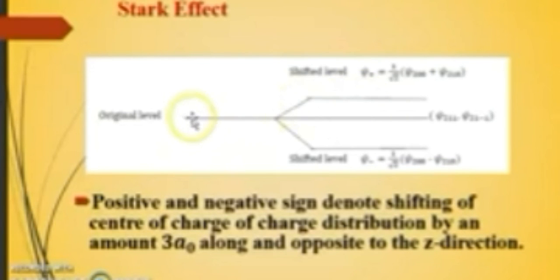Initially we have the 4 states having the same energy, and suppose this was the energy, and we have the 4 states psi 2 0 0, psi 2 1 0, psi 2 1 1 and psi 2 1 minus 1, but when the electric field is applied there is an energy shift, and 2 levels are energy shifted, one above this line and one below this line, and we have this energy level symbolized by psi plus and psi minus. The sign denotes shifting of the center of charge distribution by an amount 3 a naught along and opposite to the z direction.